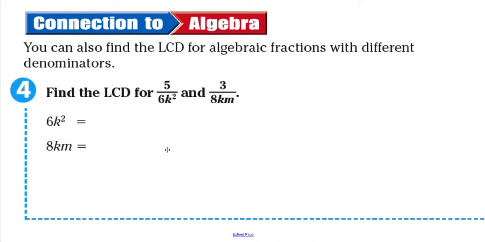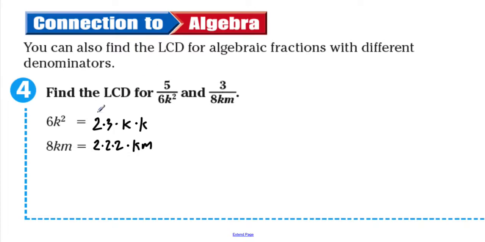Lastly, connection to algebra. You can also find the LCD for algebraic fractions with different denominators. Okay? Let's factor completely 6k squared. So this is 2 times 3, the prime factors of 6, and expand k squared to be k times k. 8km, prime factors of 8 are 2 times 2 times 2, and k and m. Okay?